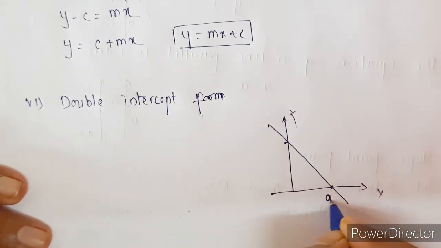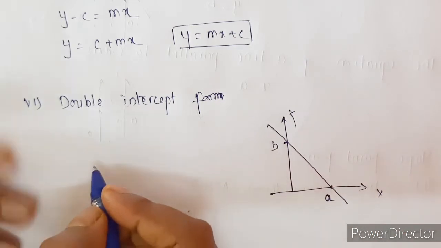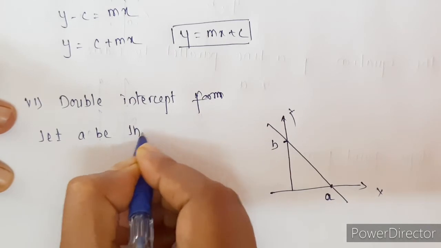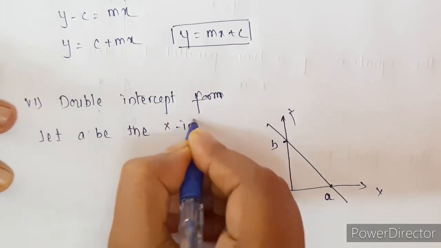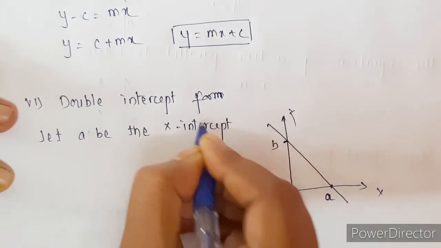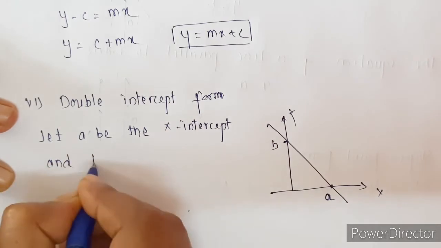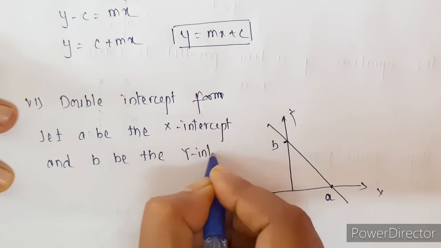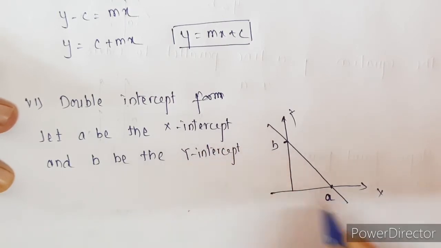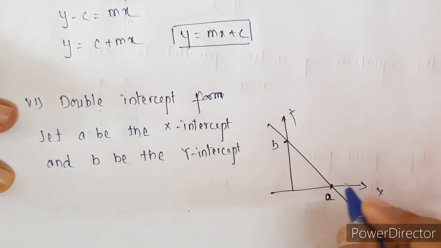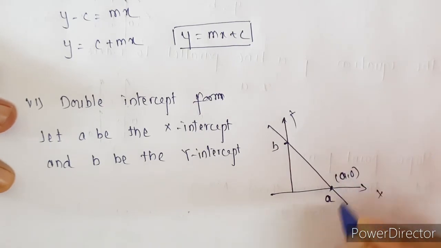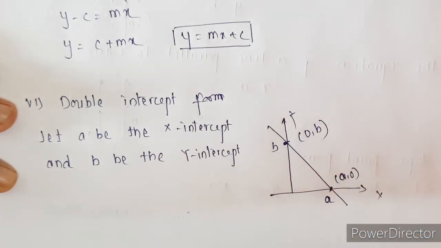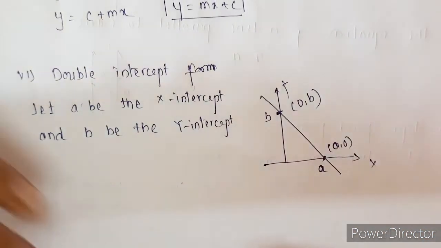Now assume that this is point A and this is point B. So let A be the x-intercept and B be the y-intercept. So the coordinate of this point is a comma 0 and the coordinate of this point is 0 comma b. Using this, we have to find the equation of a line.